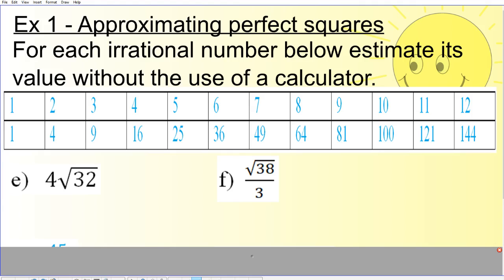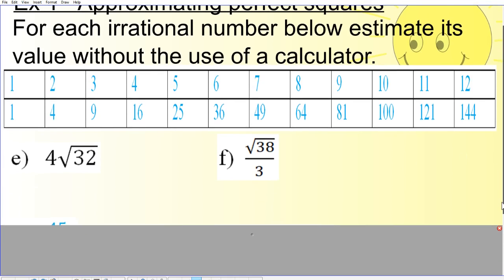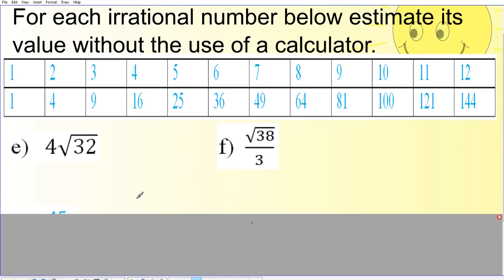Now, let's get a little bit more tricksy. Those were pretty easy. We can still do these problems, they're just a little bit harder, and we're still not using a calculator. So here I want to find 4 times the square root of 32. I'm going to take 4 times whatever value I determine the square root of 32 to be.